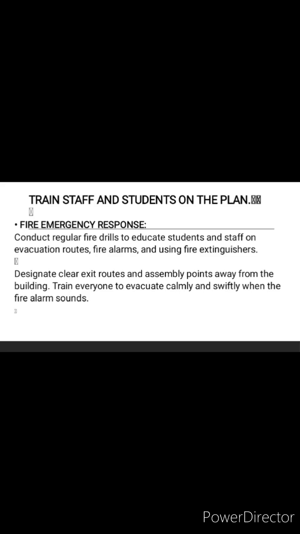Train everyone to evacuate calmly and swiftly when the fire alarm sounds. So fire emergency response must be conducted in the school, like holding drills, so that if a fire happens, the students and staff will know where to exit, how to use the fire extinguisher, or where to evacuate.